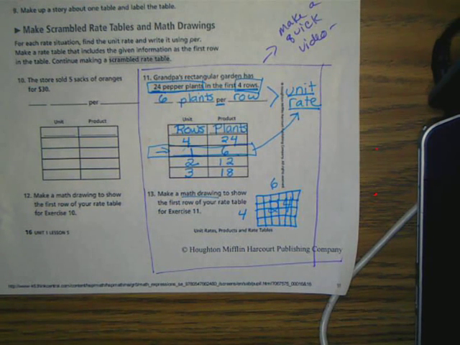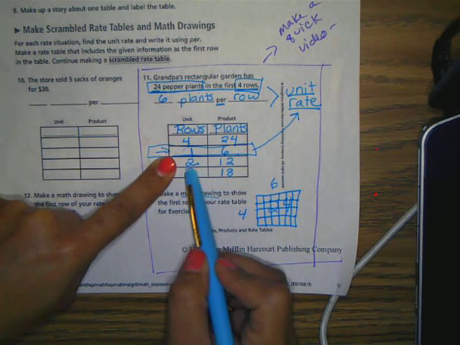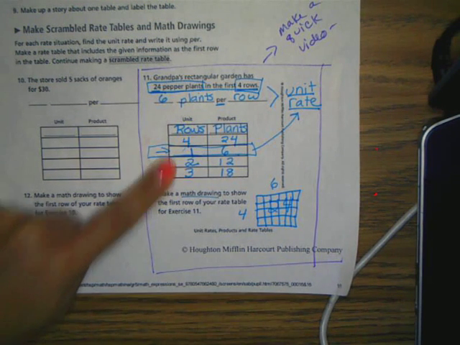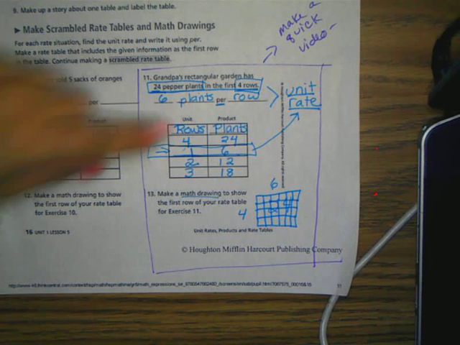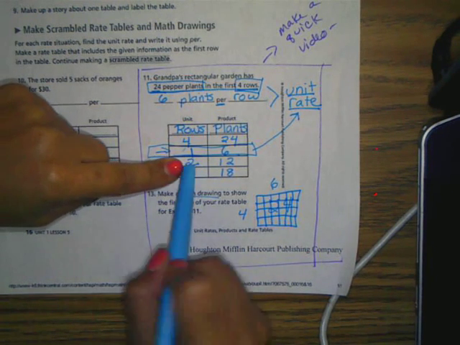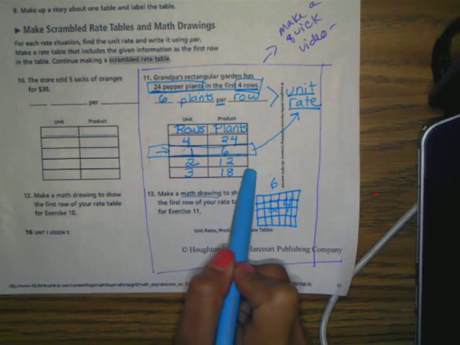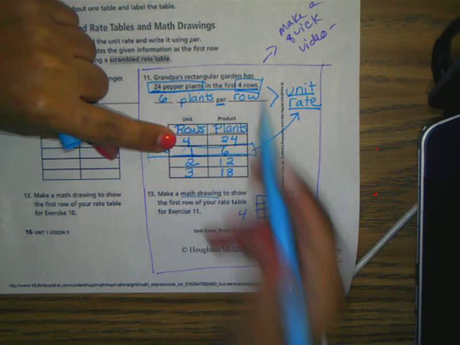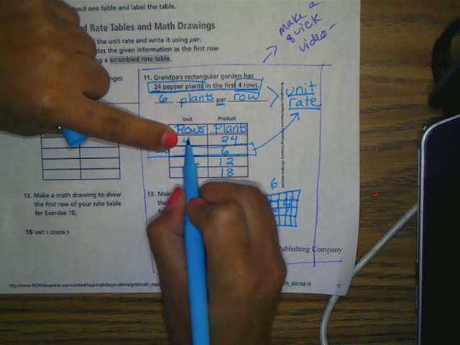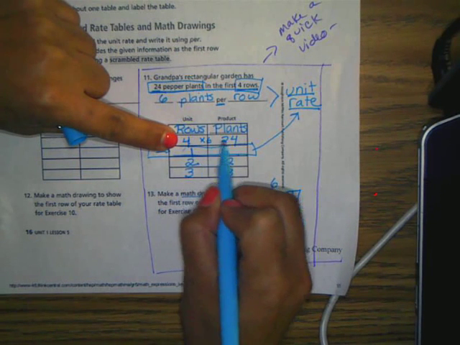Yes, Jack? I don't get, for the rate table, do you just make up which row it goes into? Right. This 1, 2, and 3, you can make that up. I always start with 1 because that's what I do. But you might have said, okay, well, what if I have 5 rows? How many plants would there be? So with a scrambled rate table, we're looking to see if you have figured out that 4 times 6 is 24.